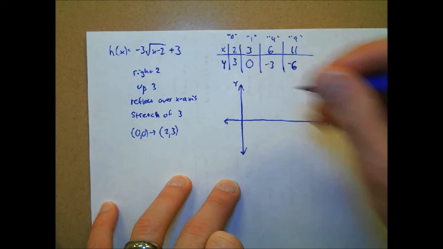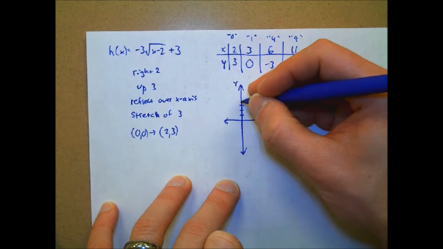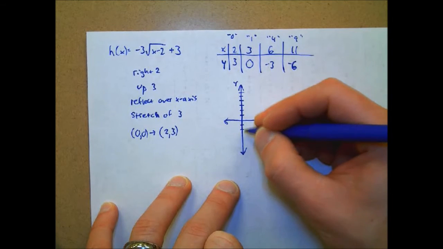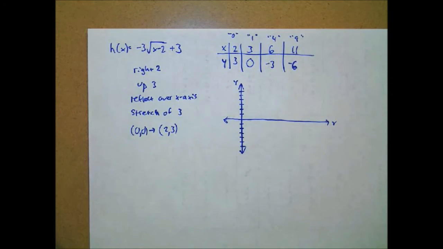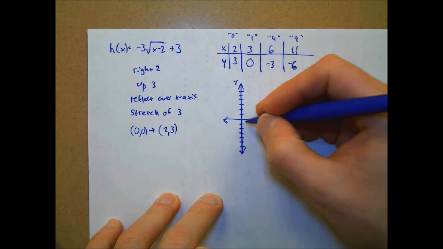Okay, so 1, 2, 3, 4, 5, 6. Oh, sorry. Thank you for saying that. 10, 2. Jumped way forward. 10, 2. I'll count by 2s here.